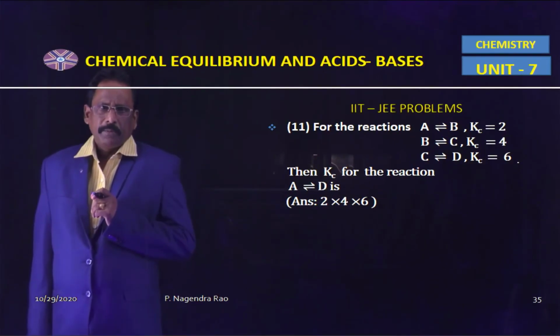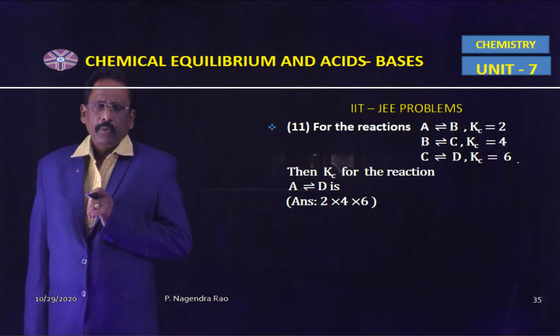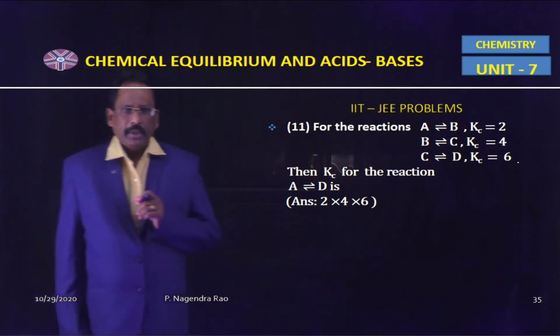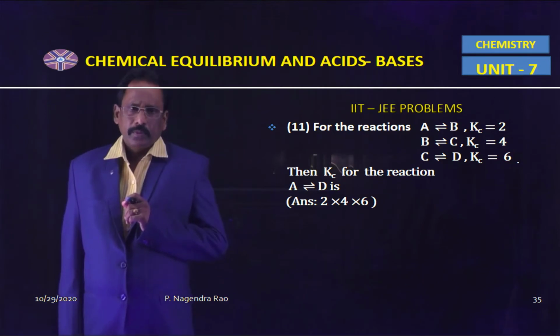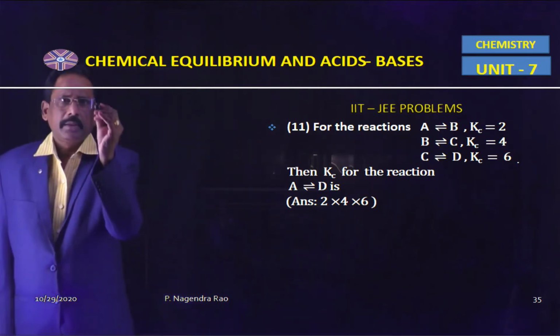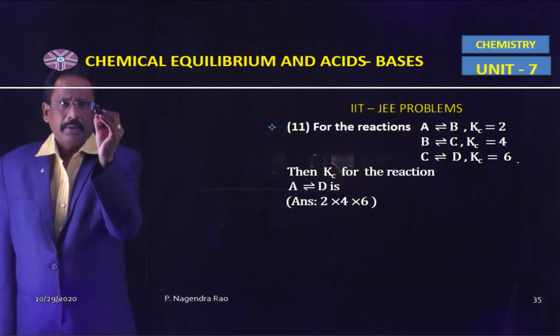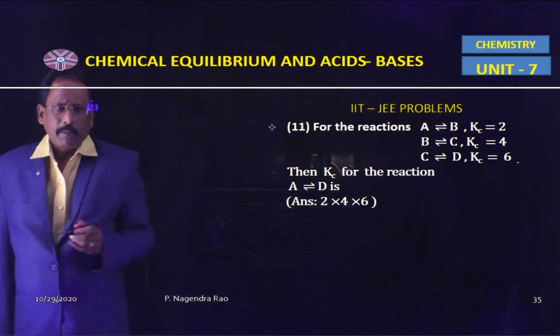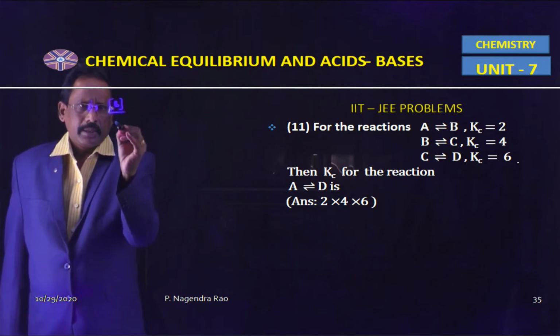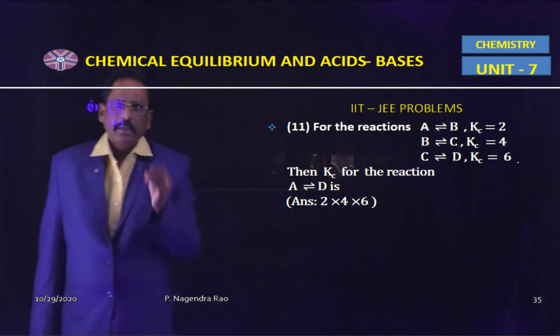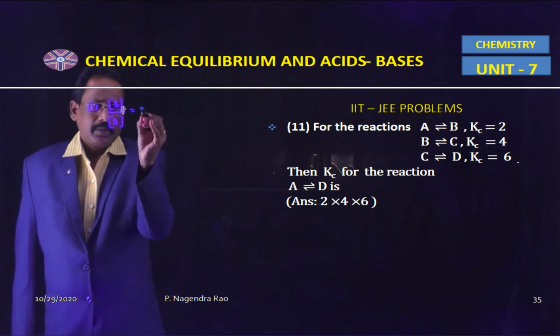In this problem, for the A to B dynamic equilibrium, the Kc value is 2. That means in the first case, active mass of B divided by active mass of A is equal to 2.